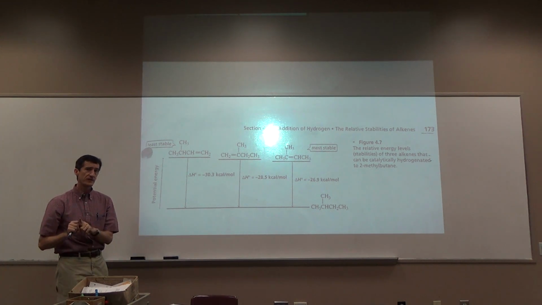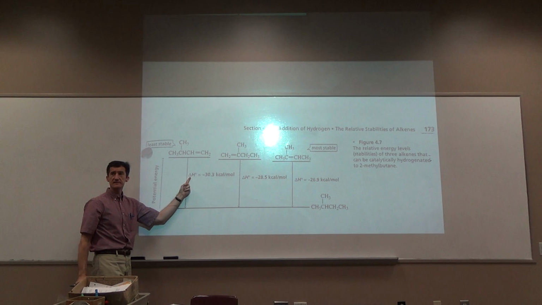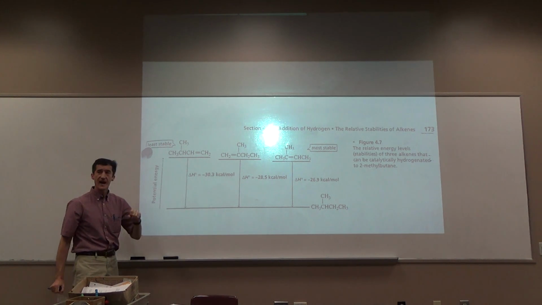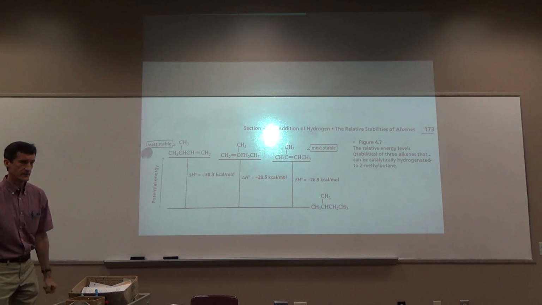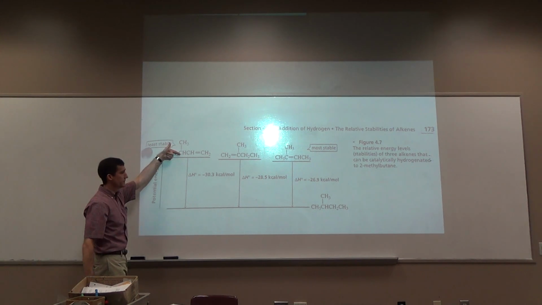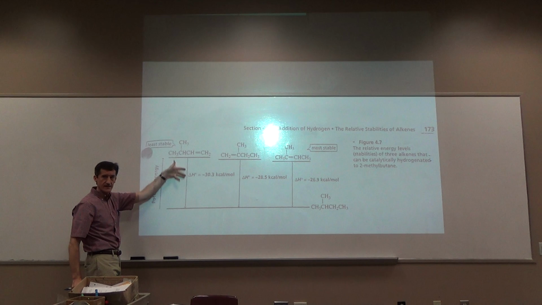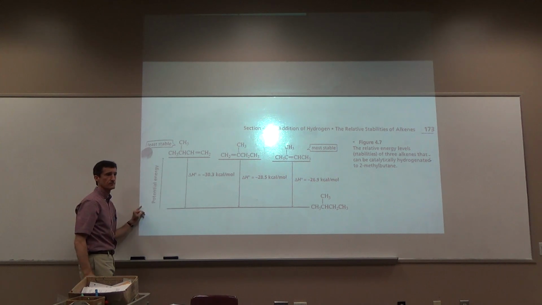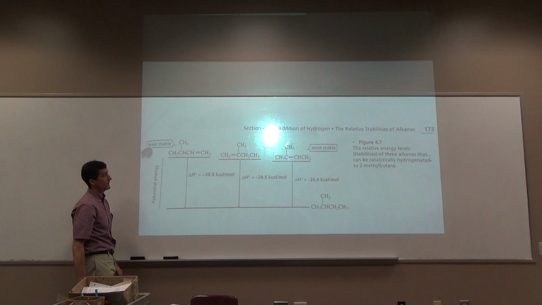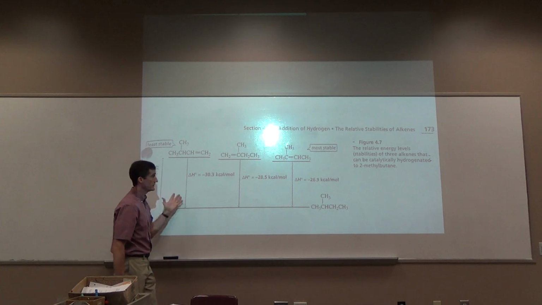Now, the heat of hydrogenation is different from quoting the delta H. Which alkene has the highest heat of hydrogenation? This one. Highest amount of heat given off. Now, if you say which one has the highest delta H, well, then you're dealing with negative numbers.